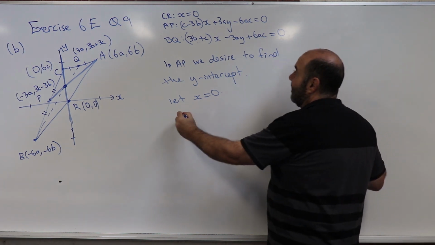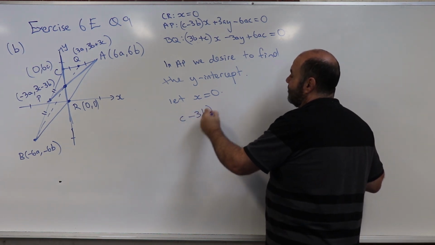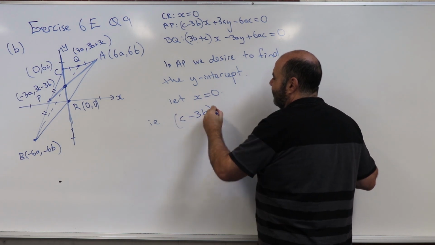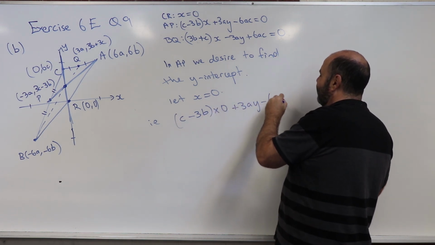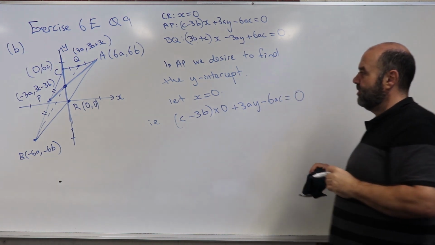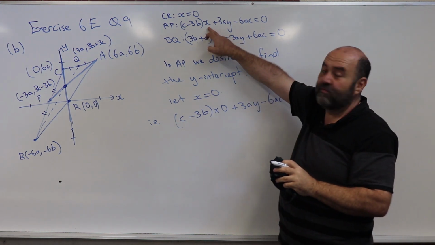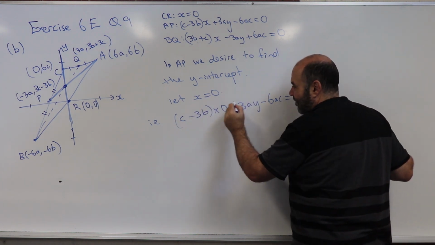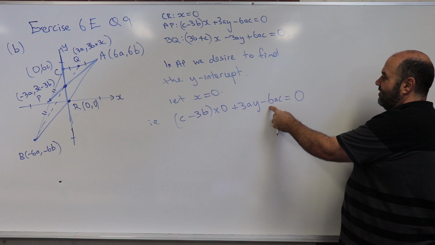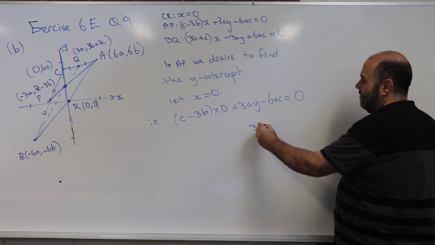Okay, so if I've got c minus 3b times 0 plus 3ay minus 6ac equals 0. So I let x equal 0, okay? Well, that means this whole thing is going to be 0. This whole thing here is just nothing. I'm going to take the minus 6ac to the other side.